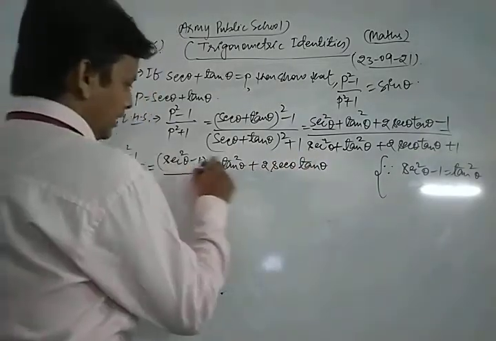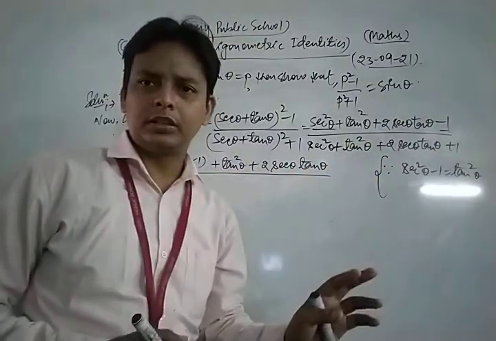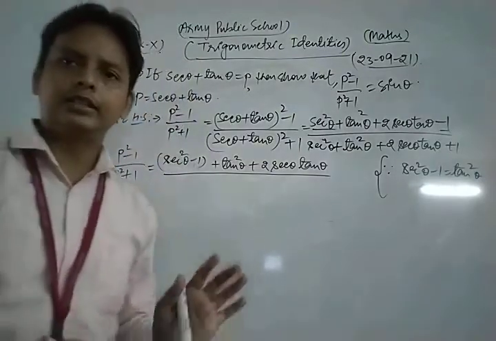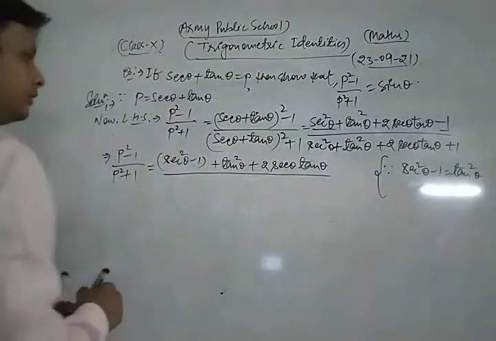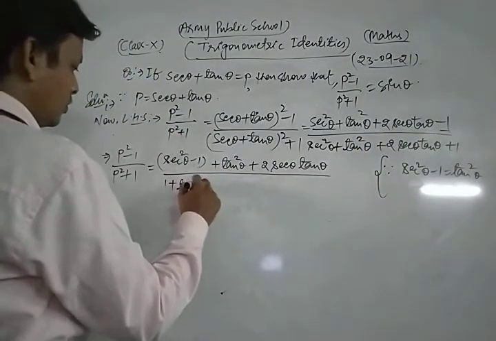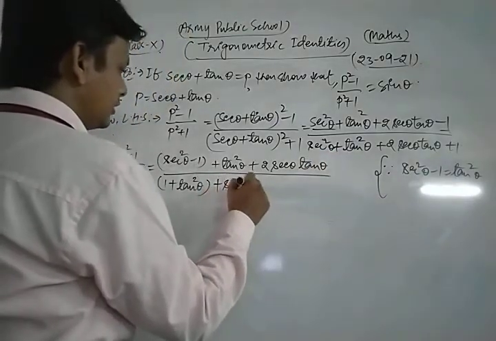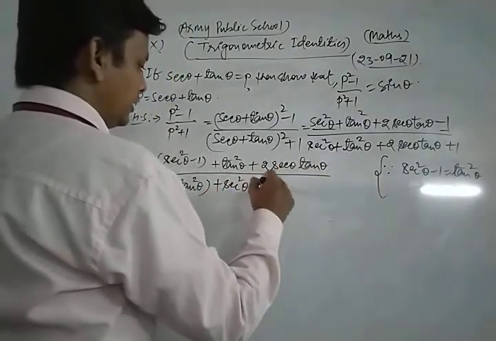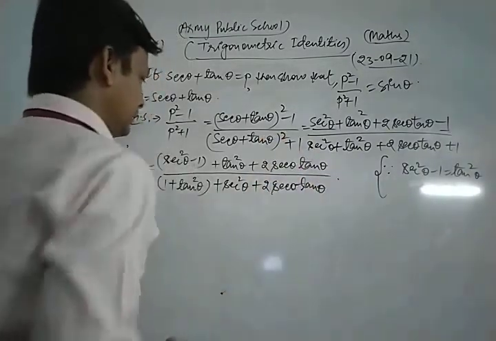Okay, and in the denominator we take 1 plus tan square theta together, because we know that 1 plus tan square theta is what? Sec square theta. So here we take 1 plus tan square theta, okay, and plus sec square theta as it is, and plus 2 sec theta into tan theta as it is.